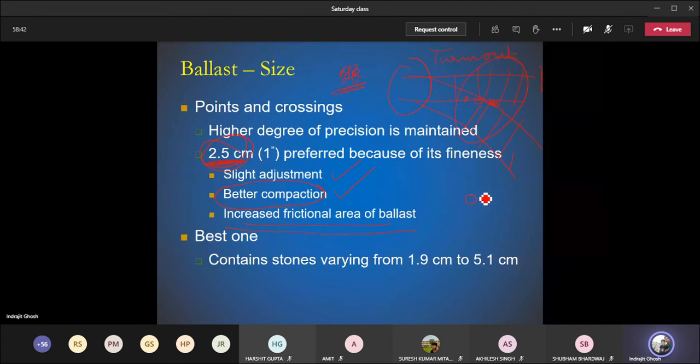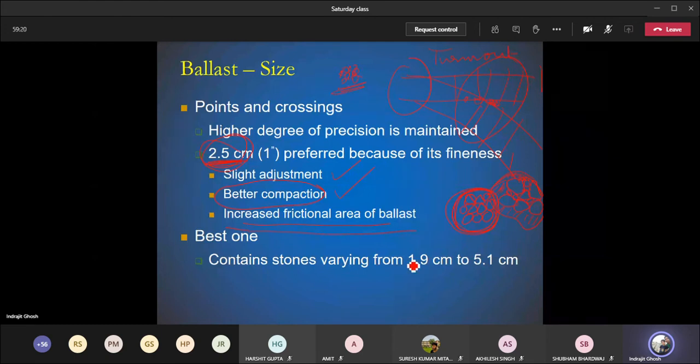So if you have same size ballast, and you have different size of ballast, so when we have different size of ballast, it has been observed that the kind of compaction and stability that it will be providing is much better than having a uniform distribution of the stones.